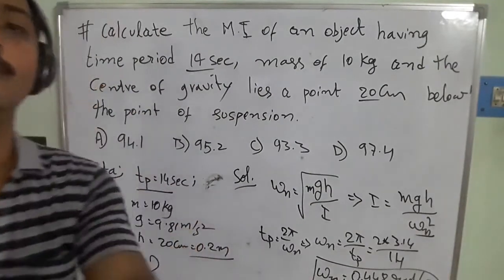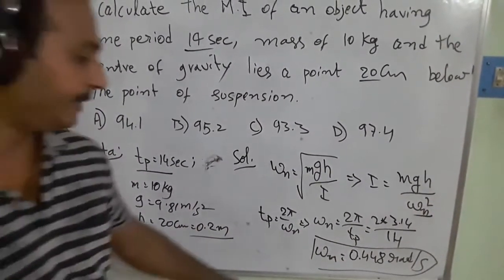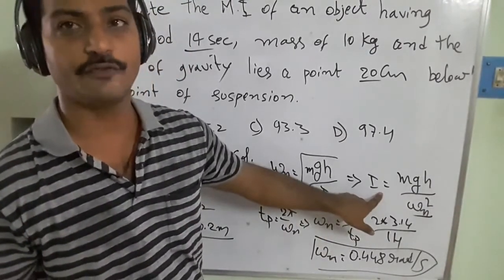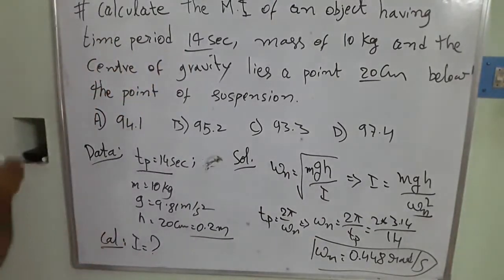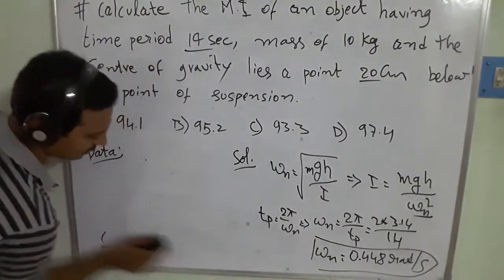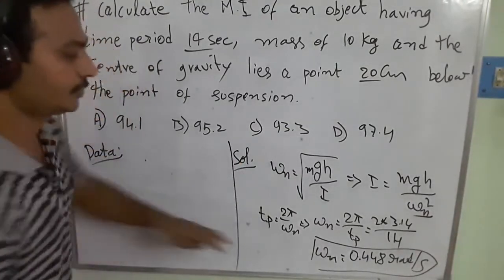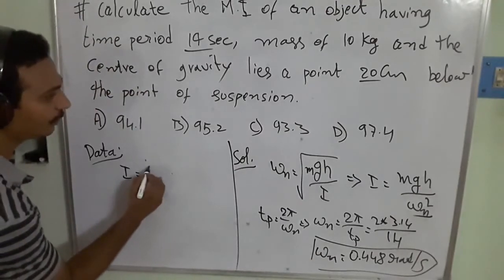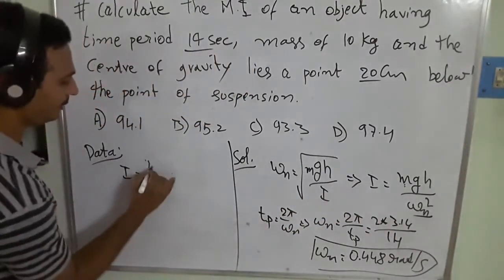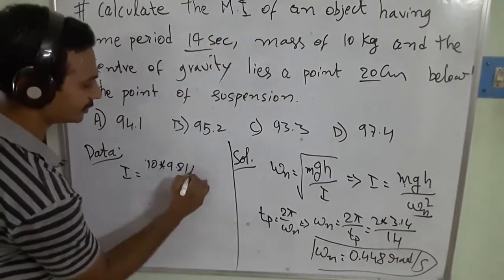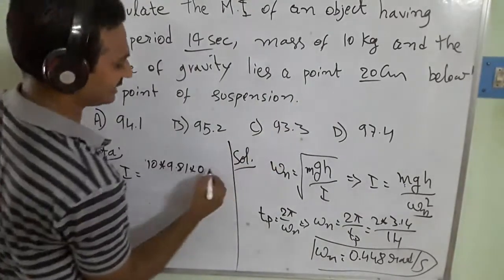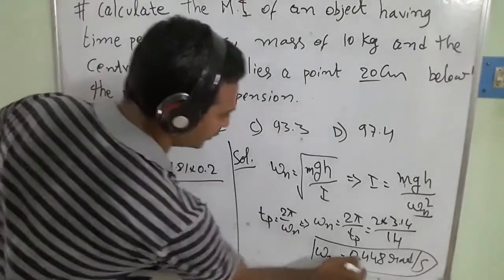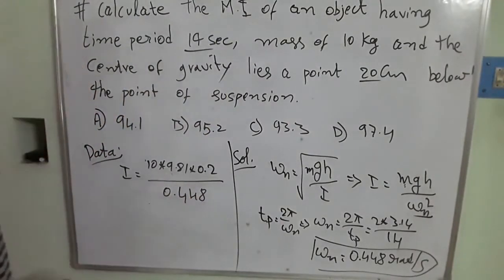Once we have calculated omega n, we can substitute it into the moment of inertia equation. So the moment of inertia I is equal to, the mass is 10 kg, 9.81 is the acceleration due to gravity, then h is equal to 20 centimeters as he has mentioned, that is 0.2 meters, divided by omega n, which is 0.448, square.